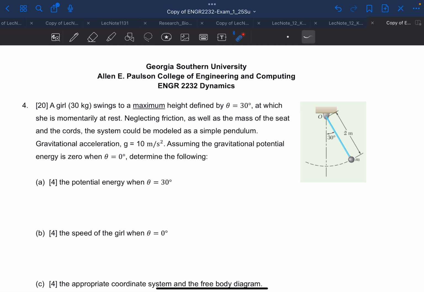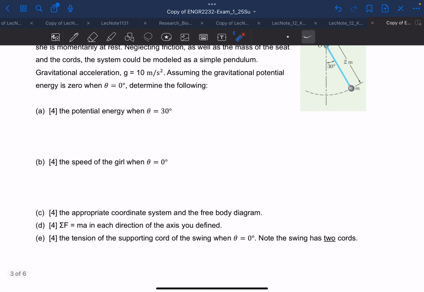Neglecting any friction as well as mass, the system could be modeled as a simple pendulum. Gravitational acceleration is 10, and we assume potential energy is 0 when theta is 0, so we set this as our datum. We want to find the potential energy at this point.